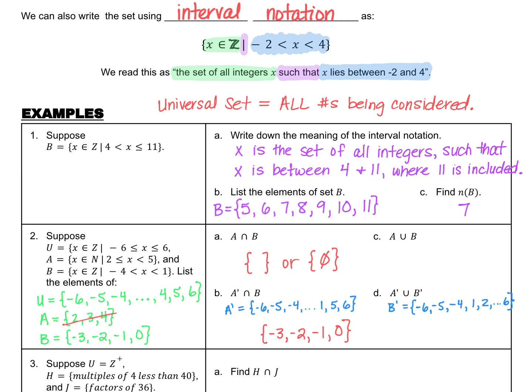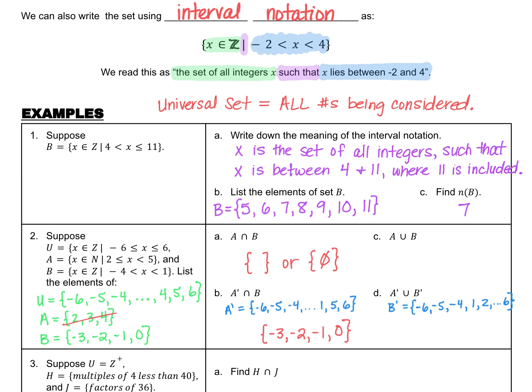So if I want to find the union between not A and not B, all I'm doing is combining the sets together. I can already see that not A includes -6 all the way to a +1, including the numbers 5 and 6. And then if I look at not B, that's going to be -6 to -4, and then we're going to include the numbers 1 through 6.